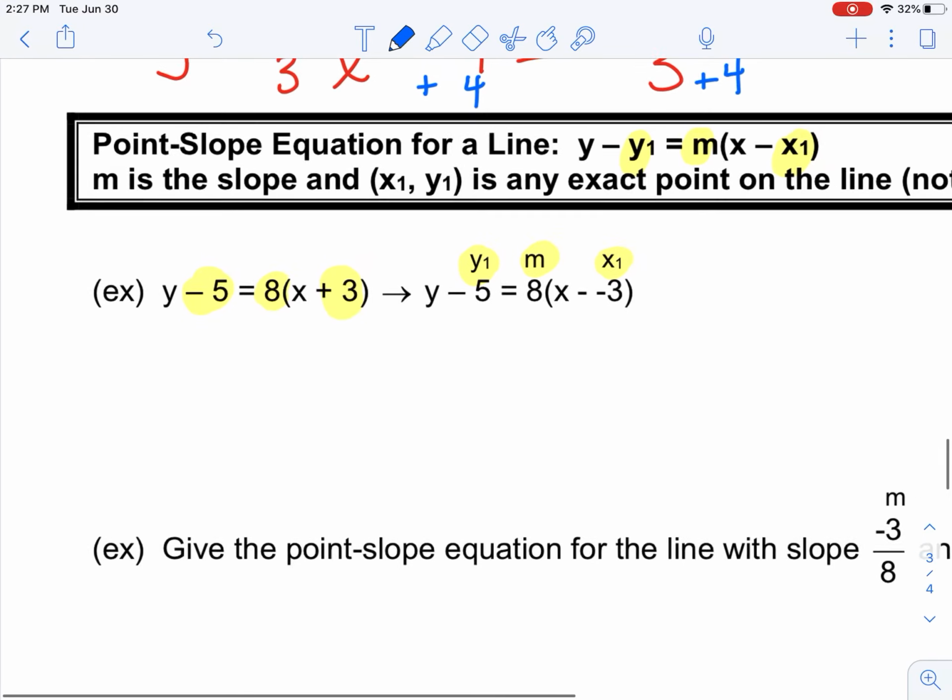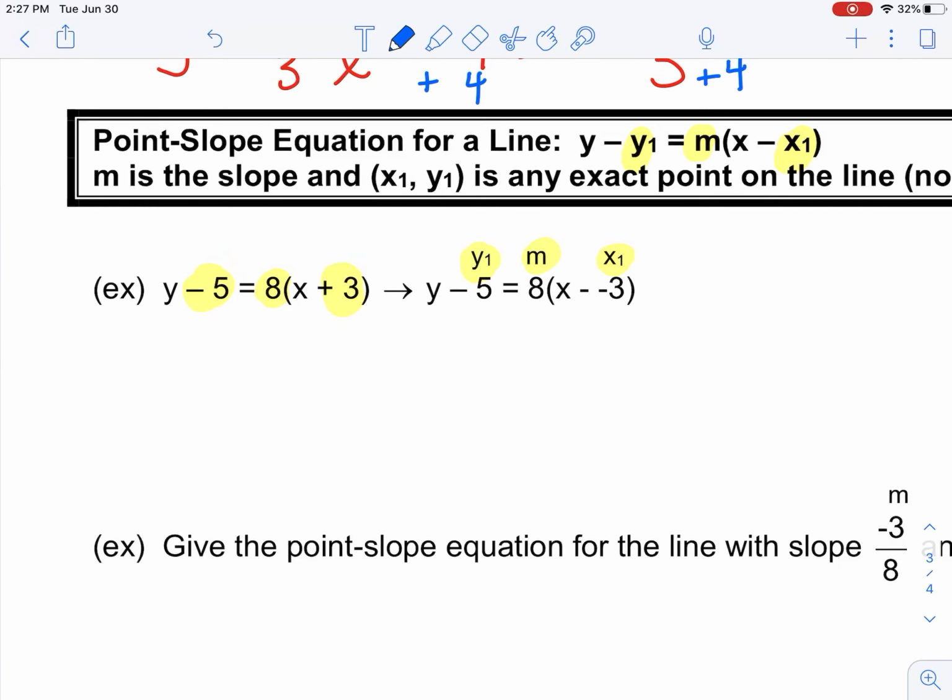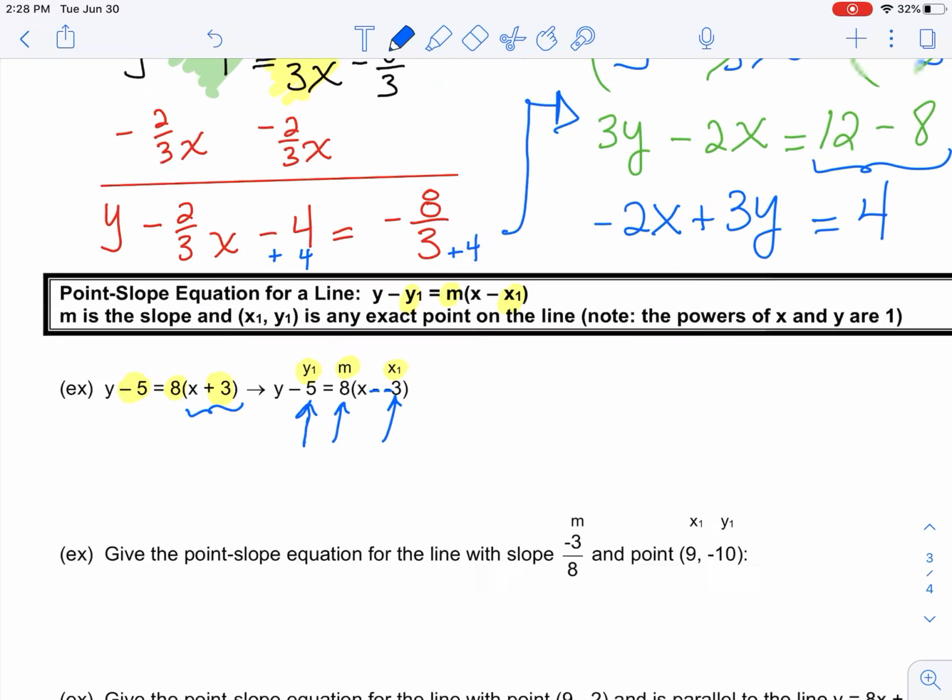So for example, here, this first one's done for you. Notice that here's your y1, here's your slope, and here's your point. So that's where you would start. But notice that x minus a negative 3 simplifies to x plus 3. And now you're in point-slope. And that's all there is to it.